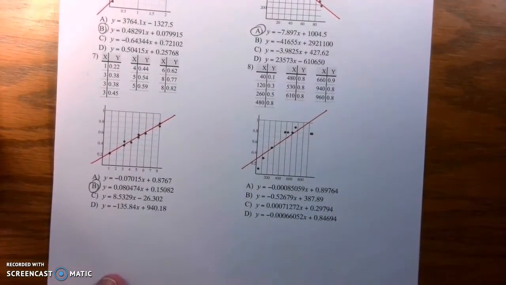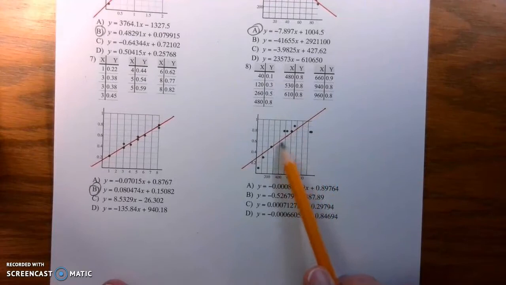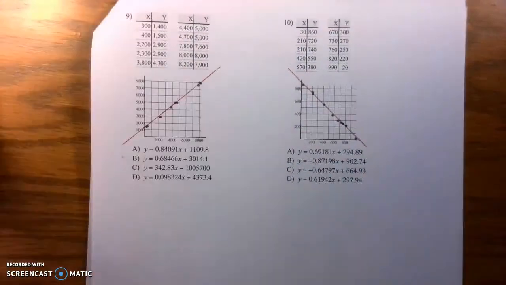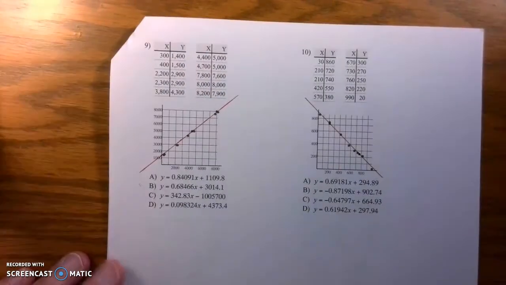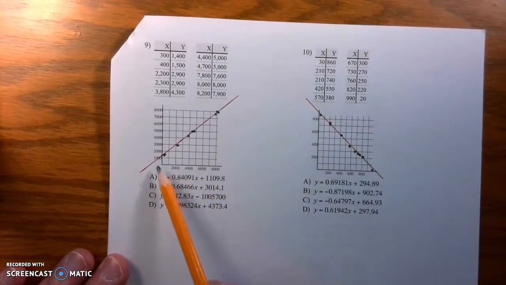Number 8. This is the line I drew. It came down around 0.03, a little less than 0.03. Right here, 0.29. Right there, that's it. Two more left and we're done. Here's my line coming down right here.